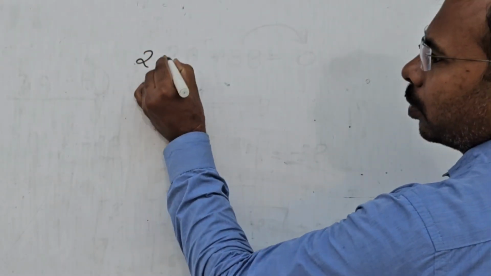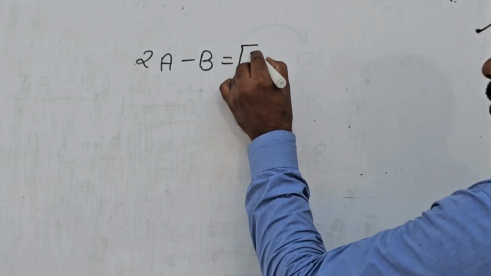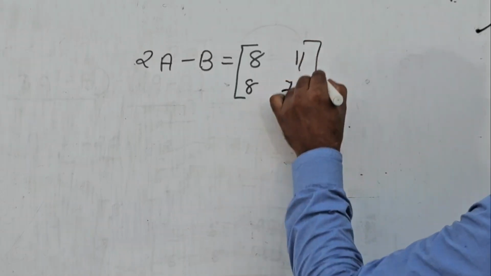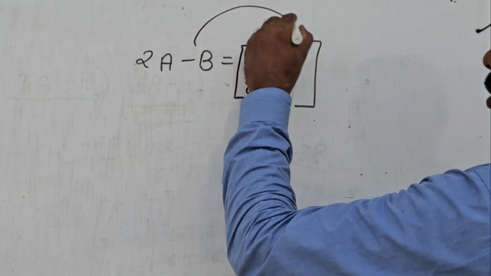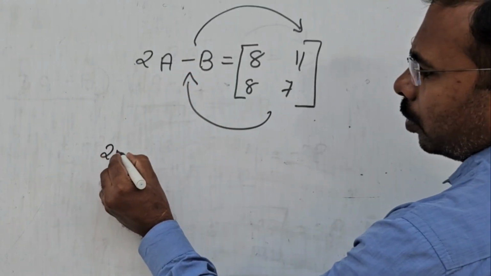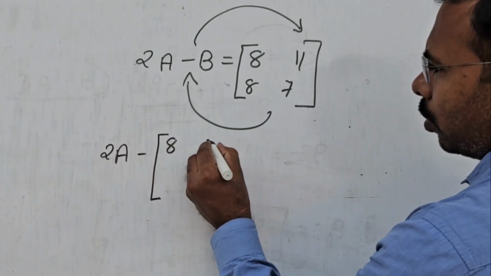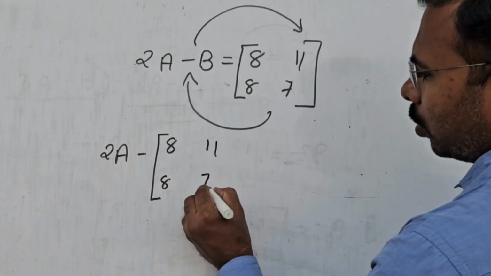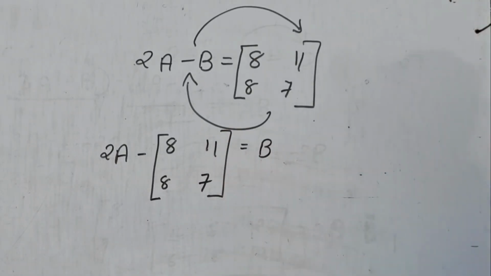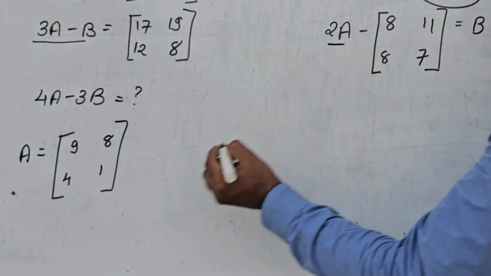Now we have to find out the value of matrix B. So 2A minus B is equal to [8, 11; 8, 7]. Now if we put B on the right hand side and the matrix on the left hand side, so 2A minus [8, 11; 8, 7] is equal to B. Now the value of matrix A we have already found out.